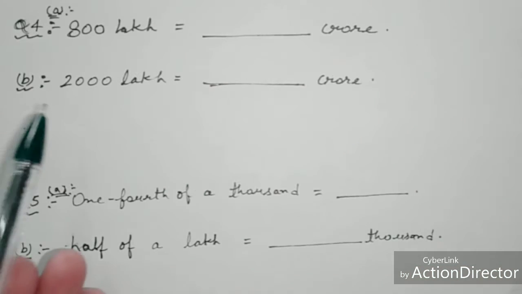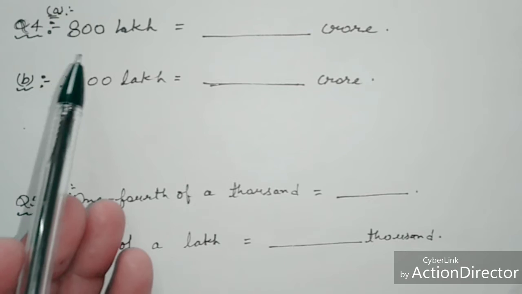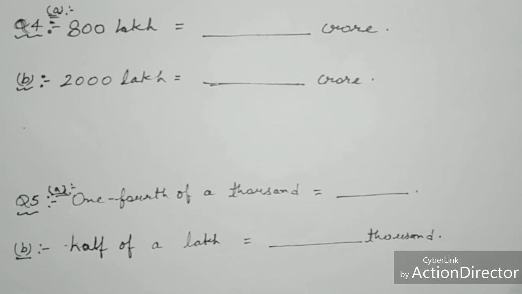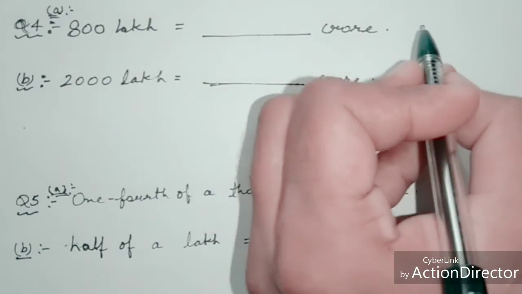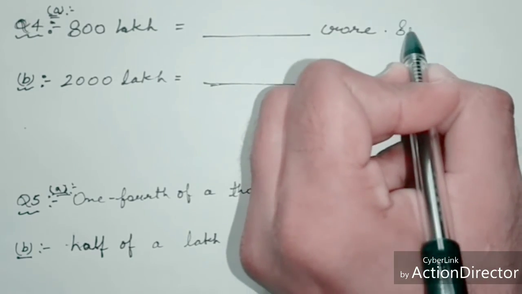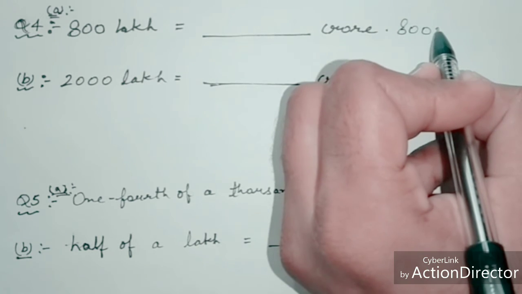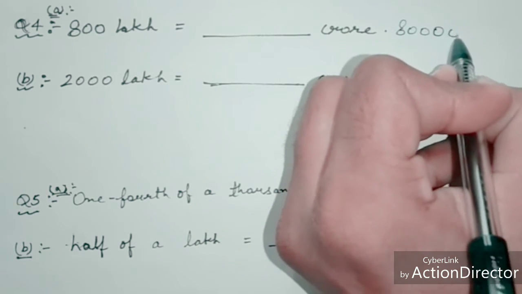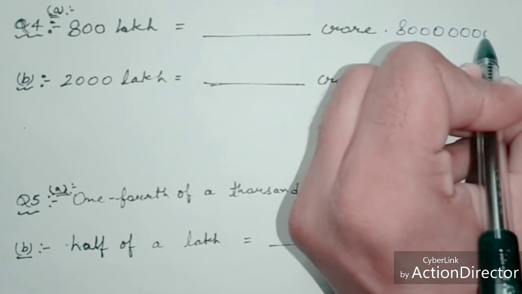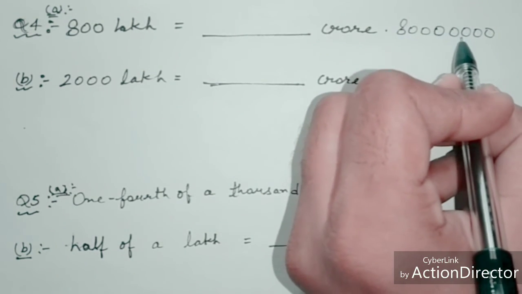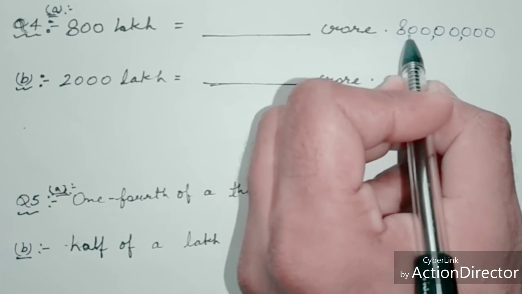Here we solve example number 4. 800 lakh equal to how many crore? So first we write 800 lakh. 800 and we put 5 zeros after 800: 1, 2, 3, 4, 5. And we put commas before 3 numbers and then 2 numbers.